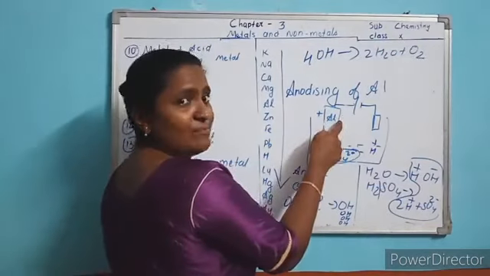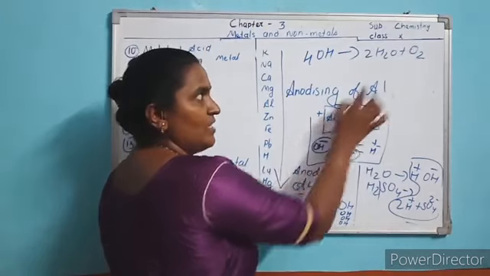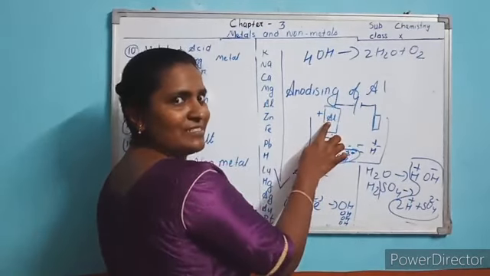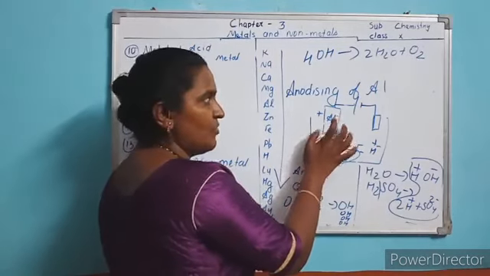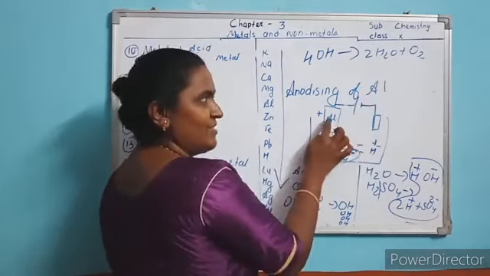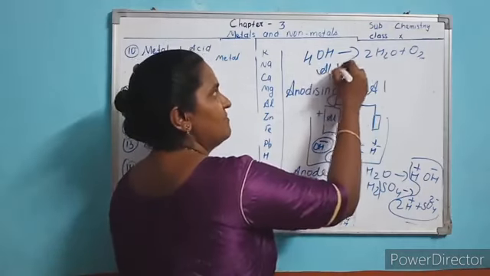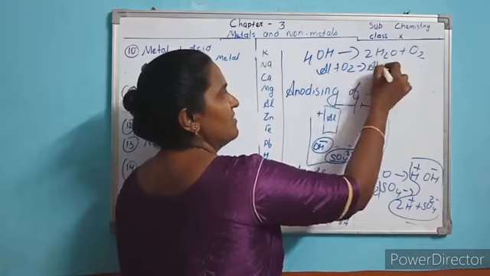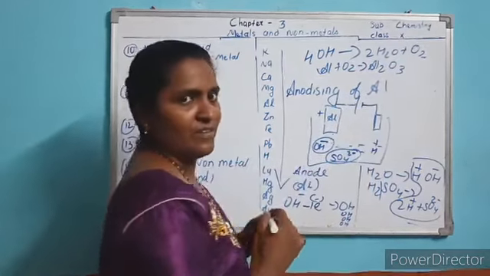This reaction occurs at this rod. Now, this rod is made of aluminium, so here oxygen is produced. So the aluminium reacts with the oxygen to form aluminium oxide, Al2O3: aluminium valency 3, oxygen valency 2.